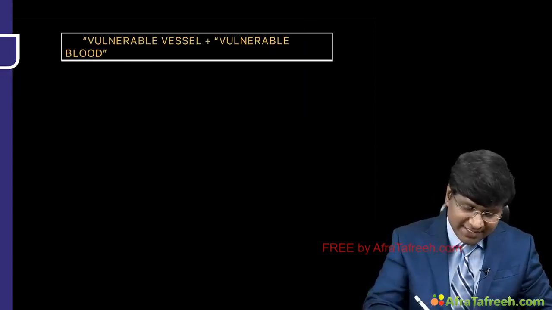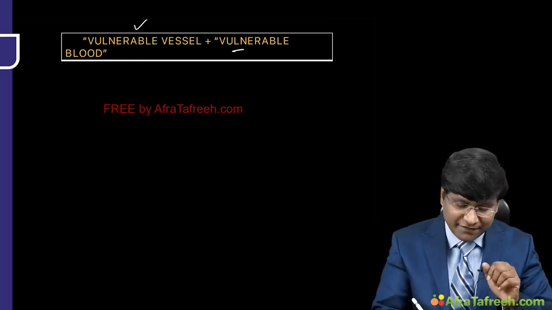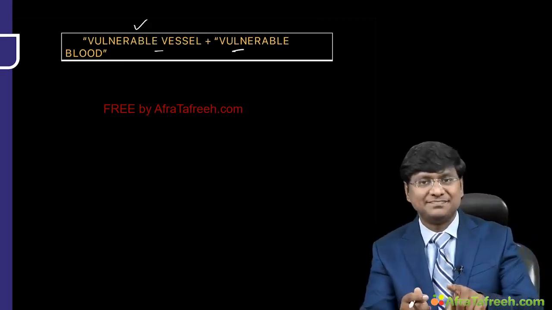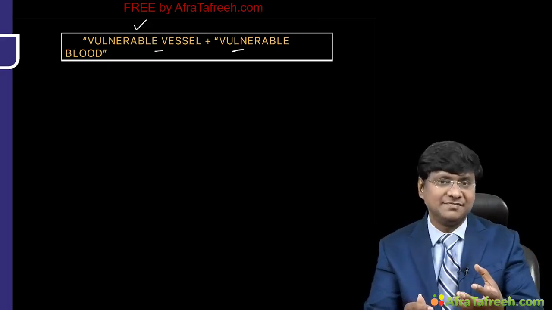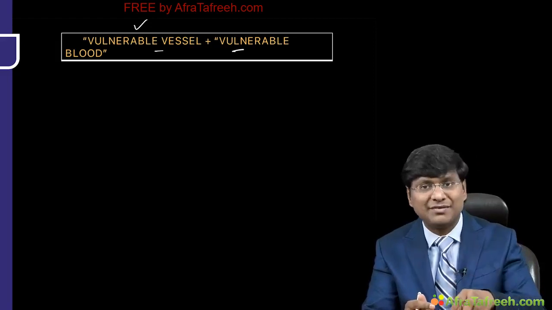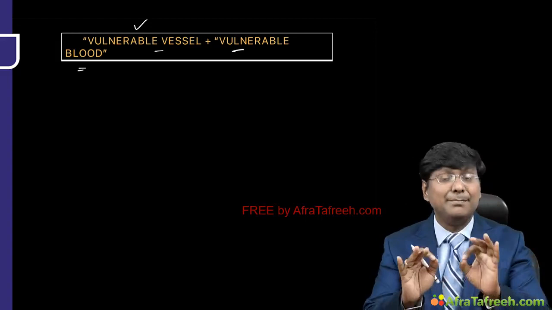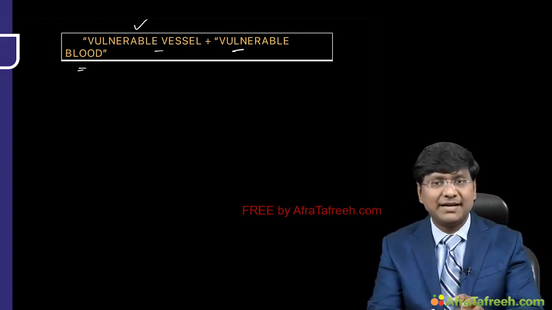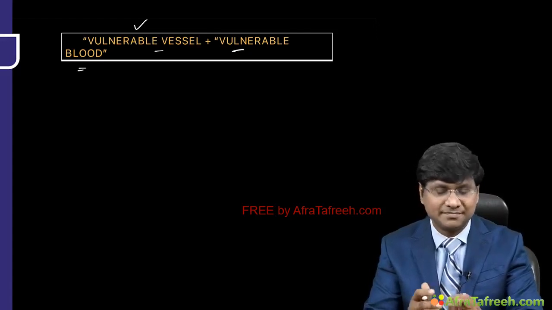Now you have to understand two important points. The combination of the vulnerable vessel. What is that vulnerable vessel? That is the atherosclerotic vessel. The combination of a vulnerable vessel in a patient with vulnerable blood. What is that vulnerable blood? Having anemia, having carboxyhemoglobin.